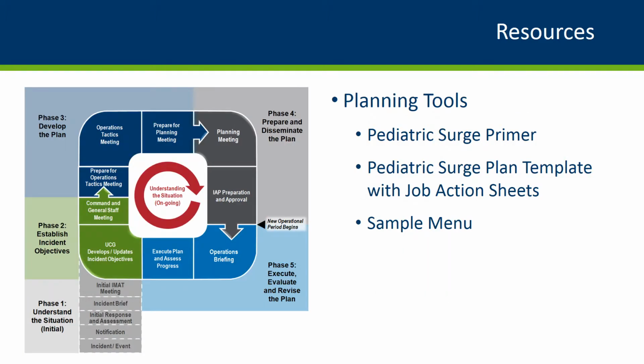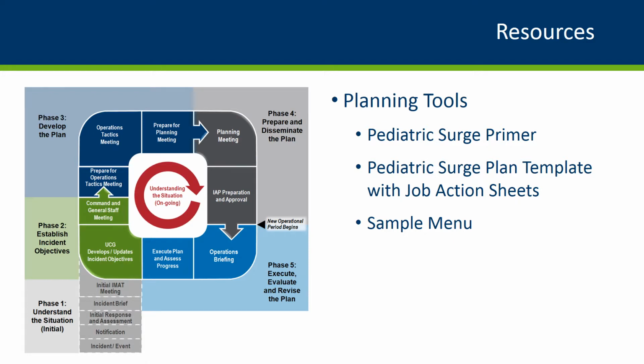The planning tools may look familiar to some of you. The Pediatric Surge Primer has been updated and slimmed down. It is a great resource for all hospitals and healthcare facilities for basic considerations surrounding pediatric surge preparedness, including staffing, training, equipment, and logistics. In addition to the primer, there is also a template plan inclusive of job action sheets.